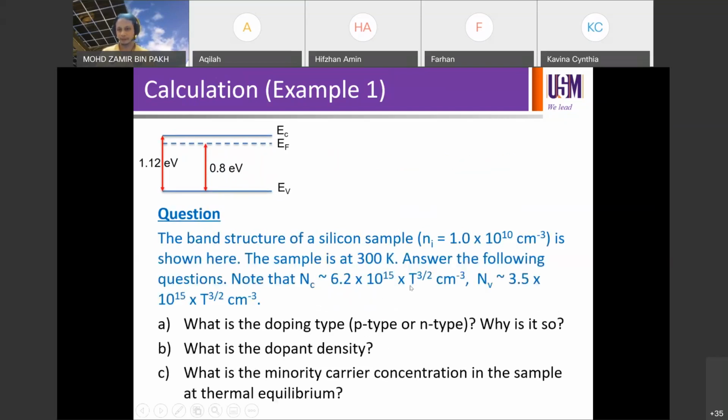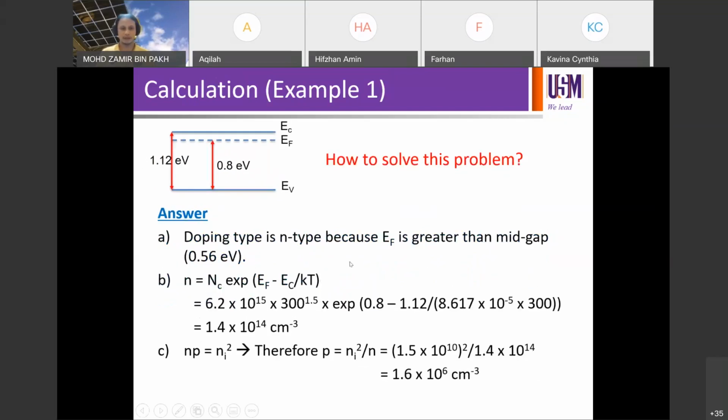You can plug in the temperature, which is given as well. EF minus EC is known. Then your kT is also known, your constant times the temperature. Then you're going to get 1.4 times 10 to the 14 per centimeter cube.